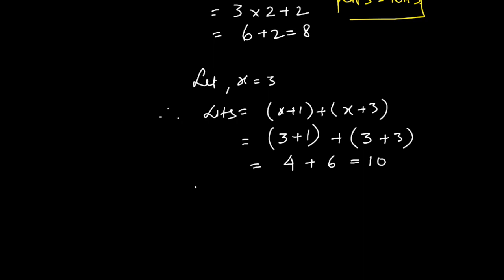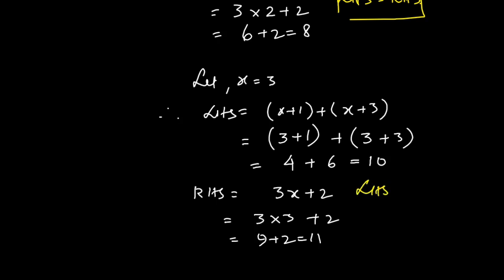Now RHS was 3x plus 2, and when we substitute x equal to 3, RHS becomes 3 into 3 plus 2 equal to 9 plus 2 equal to 11. So we find that LHS not equal to RHS.